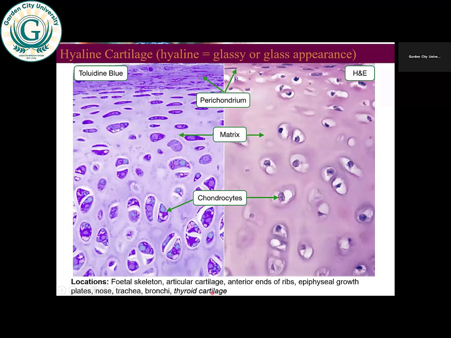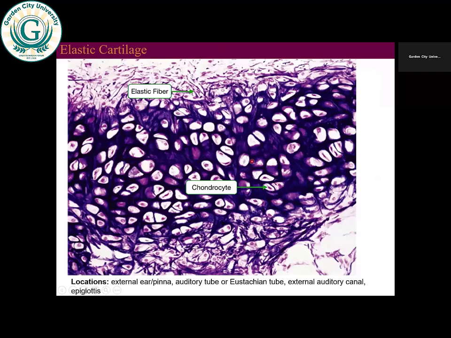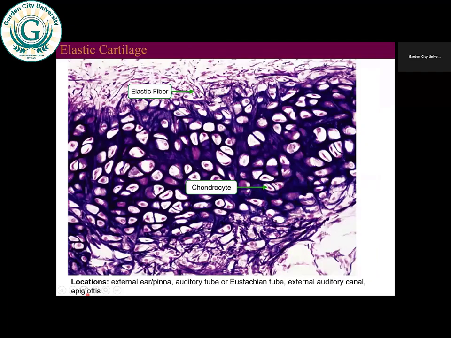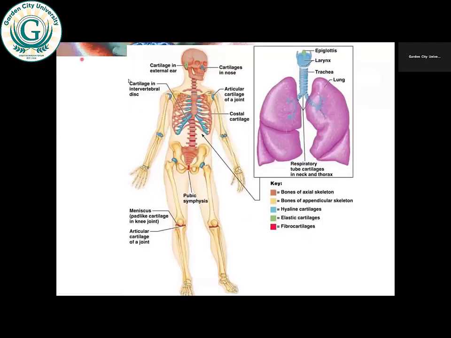The epiglottis is a cartilage of the larynx. So when they say larynx like this, it's not as if all the cartilages of the larynx are hyaline. No.